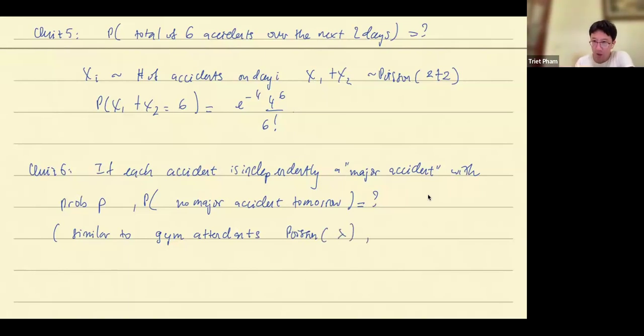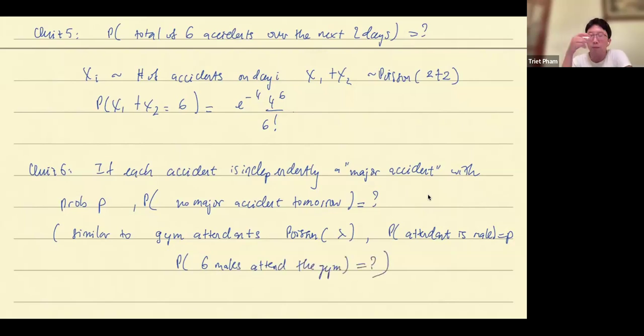But then among people going to a gym, the probability that a person is male is, let's say, some rate. And then you ask, among the gym attendants, the probability that 6 males attend the gym on a day, whatever. That kind of thing. Of course, here it's not 6, it's 0, no major accident, but it's similar.